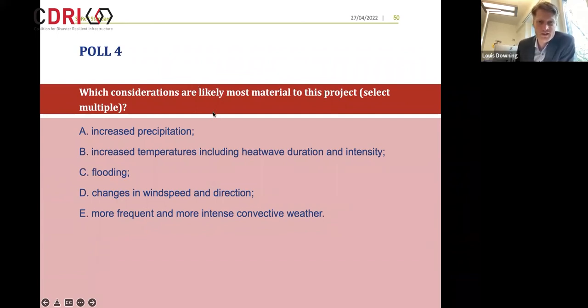Then increased temperatures, including heat wave duration and intensity. This particular airport historically was much more used to cold weather than it was to hot weather, and that was reflected also in all of the equipment specifications.